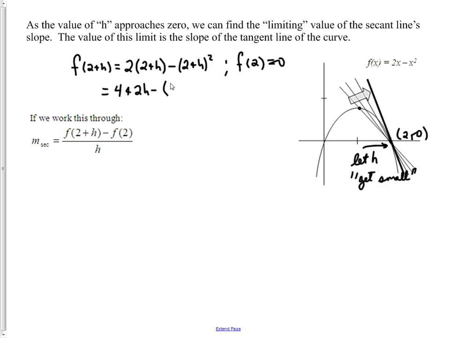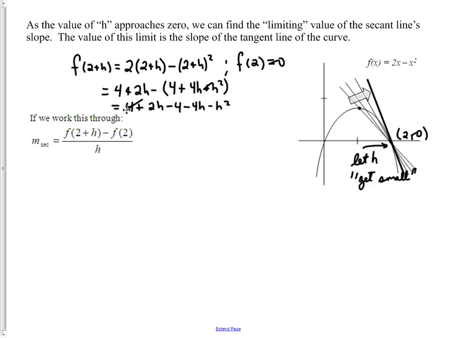minus the quantity 4 plus, if I take 2 plus h times itself, that's going to be 4h plus h squared. So combining all the right terms, 4 plus 2h minus 4 minus 4h minus h squared is going to go in here.